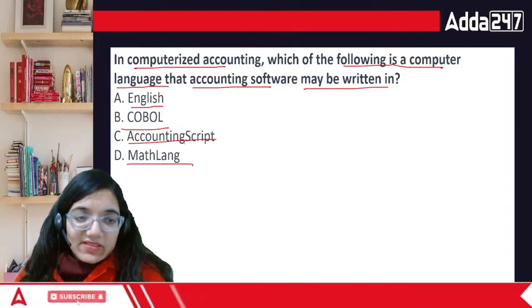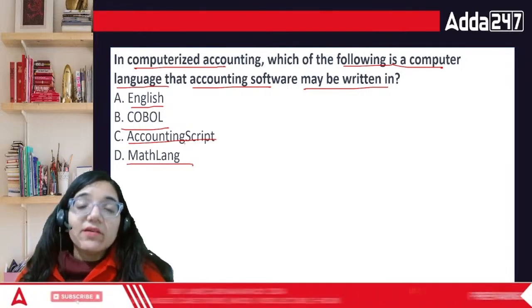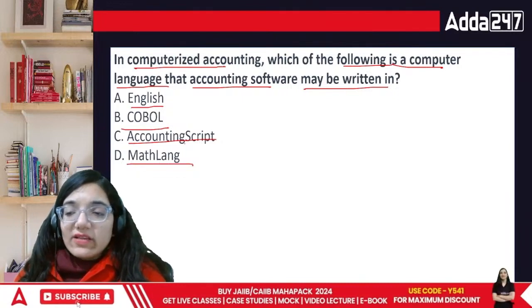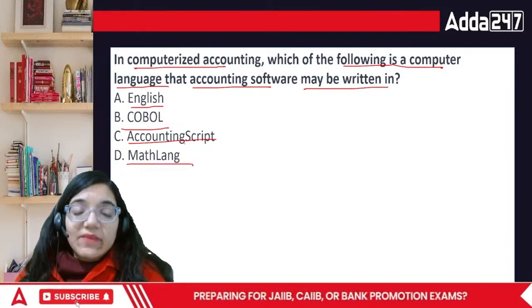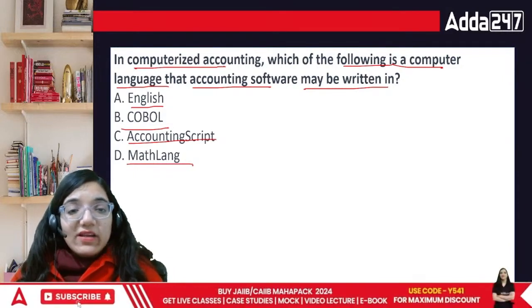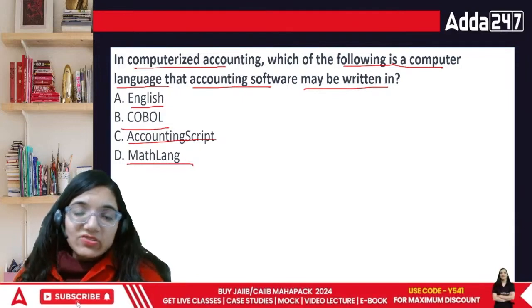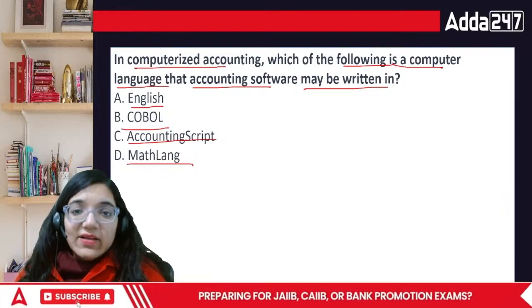Once they understand our commands, they work in a better way. Of course, their working definitely becomes way better, because whatever we are telling them, they can run through the instructions, they can process the data, they can work upon the things in a proper manner, isn't it? So that's what we define under it. It is not English. It is not even accounting script or MATLANG. It is actually COBOL.